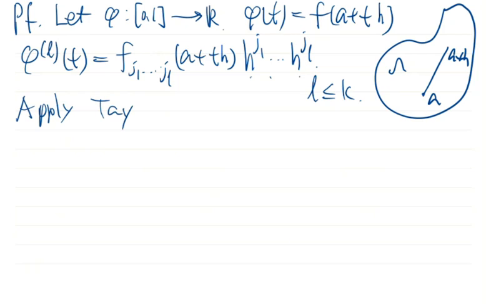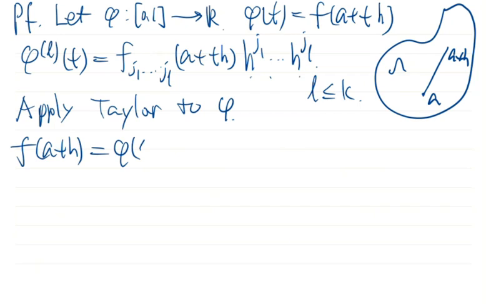the single variable Taylor formula to our phi, our f of a plus h is phi 1.